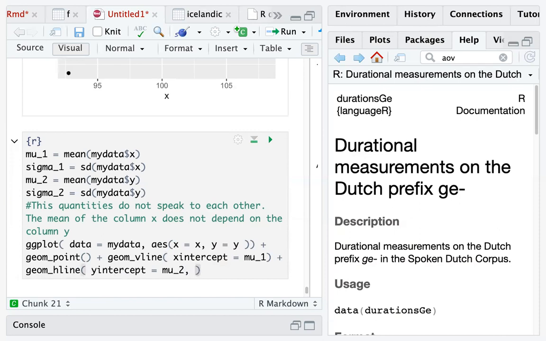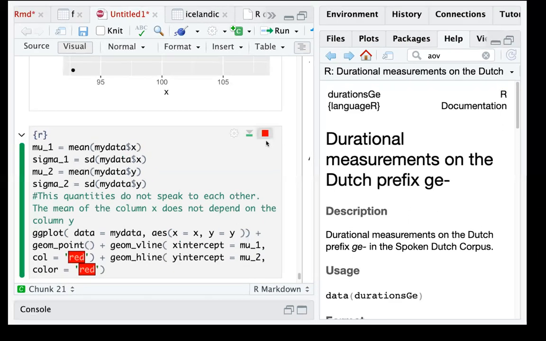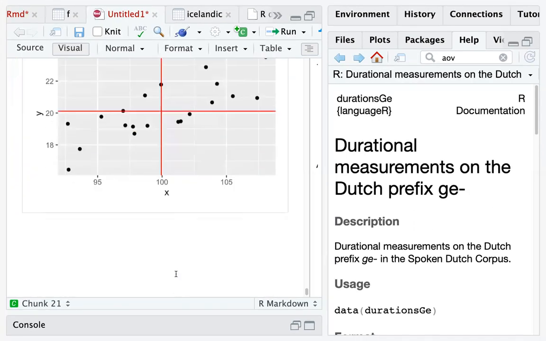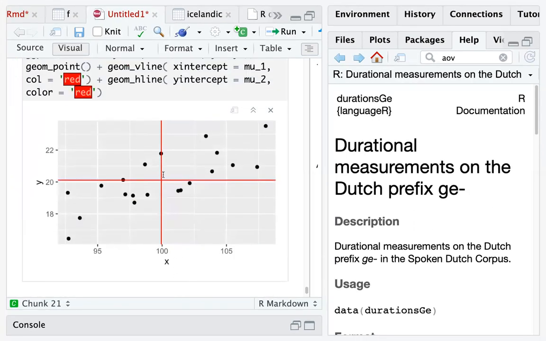And let me color it in red. So the vertical line is the mean of the x component of these points, and the horizontal line is the mean of the y component of these points.